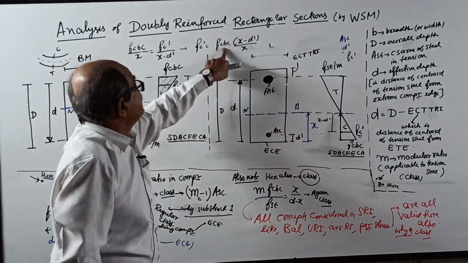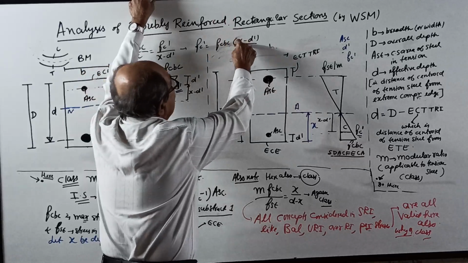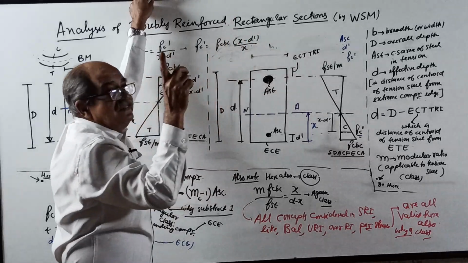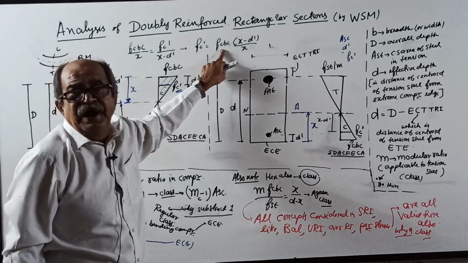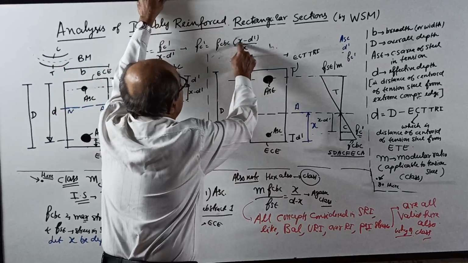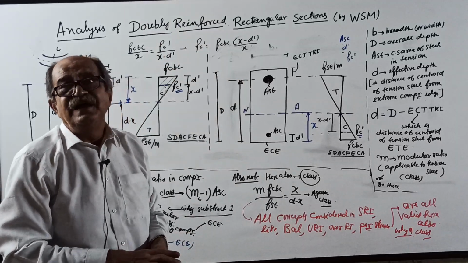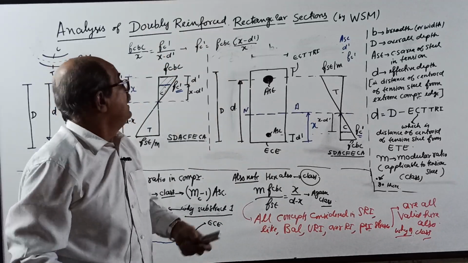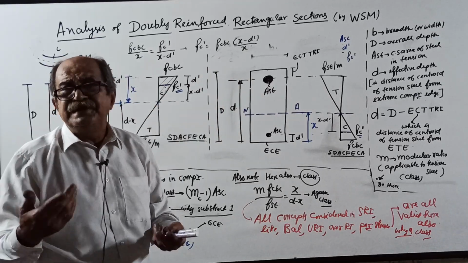Concrete stress, extreme fiber concrete stress into X minus D dash by X. There it is 0.0035, extreme fiber concrete strain, into XU minus D dash divided by XU. Some will say, yes sir, here also same. Here stress, there strain. That reason it will come in limit state method.